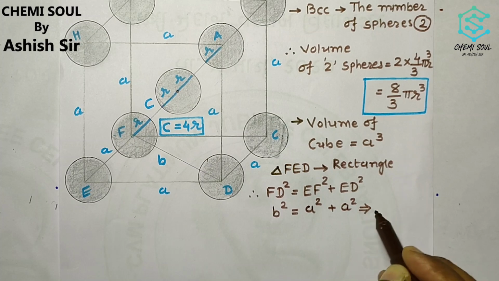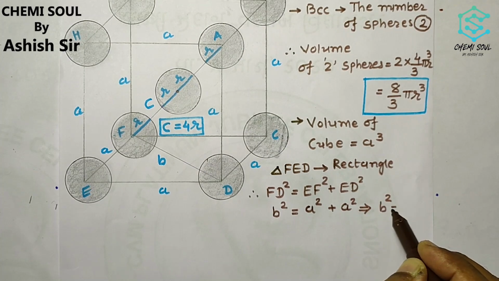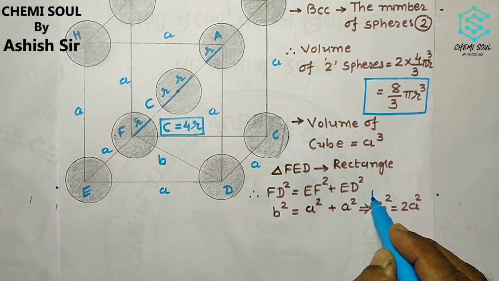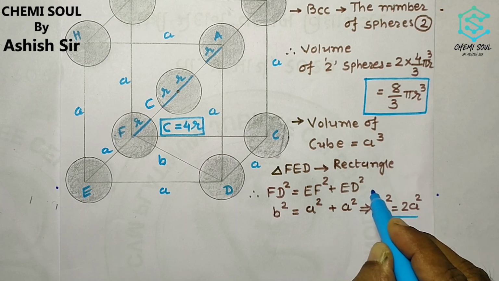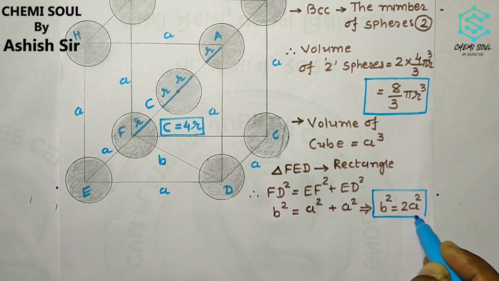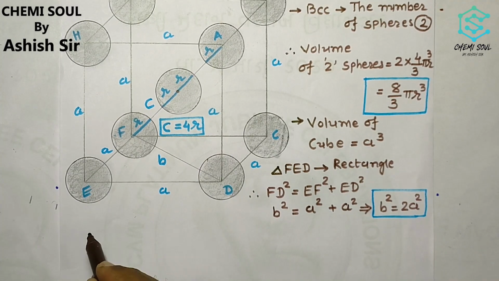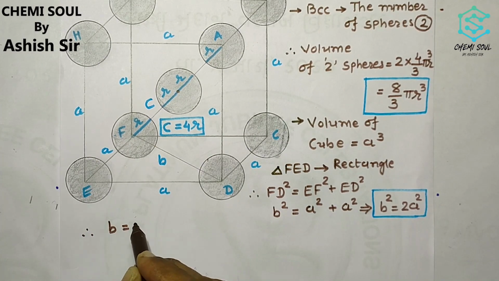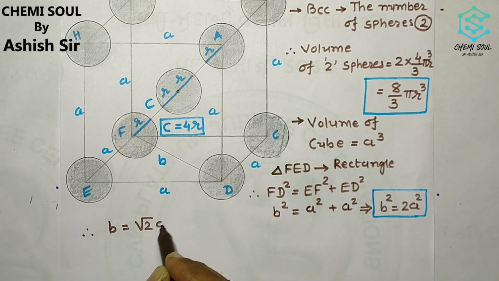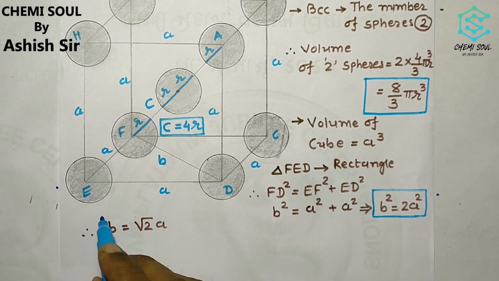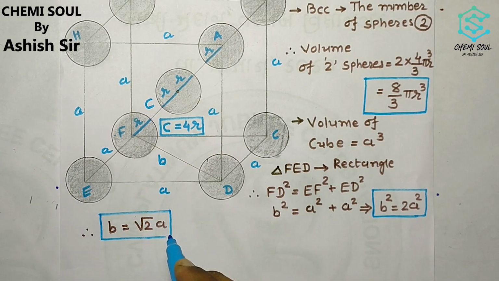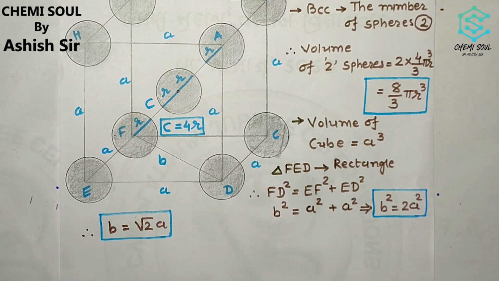So b square is equal to 2a square, and from this, b is equal to root 2 a. So we have identified the value of b square and then the value of b.